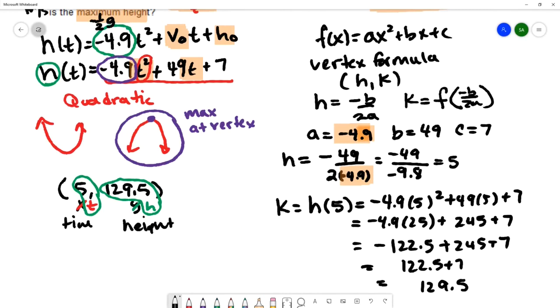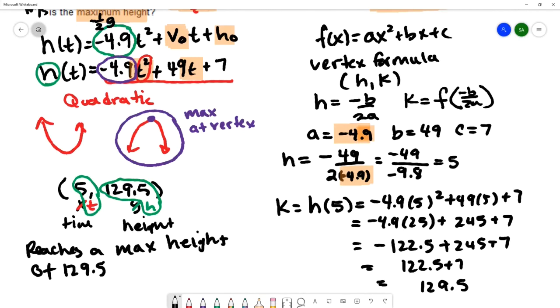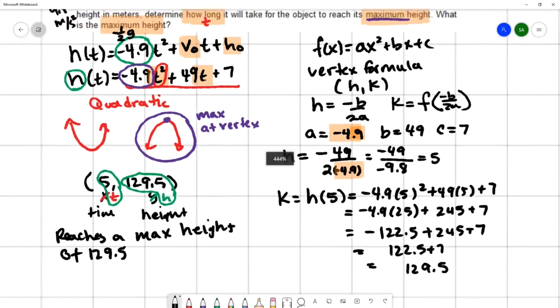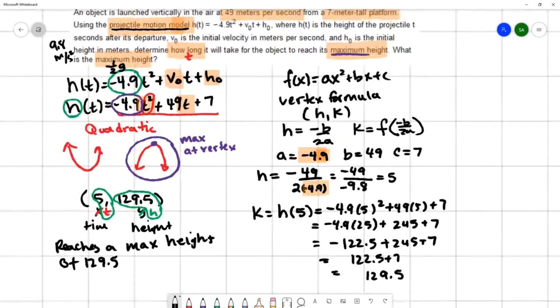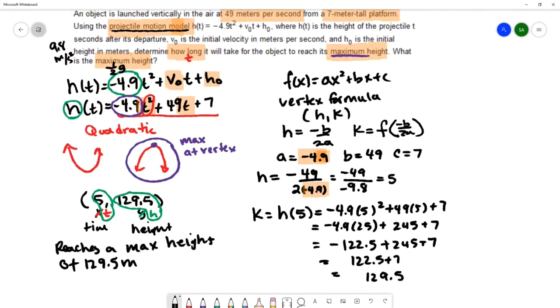So this object reaches a max height of 129.5, and I think it's meters that we're using in this problem. Yes, meters. Meters at a time of 5 seconds.